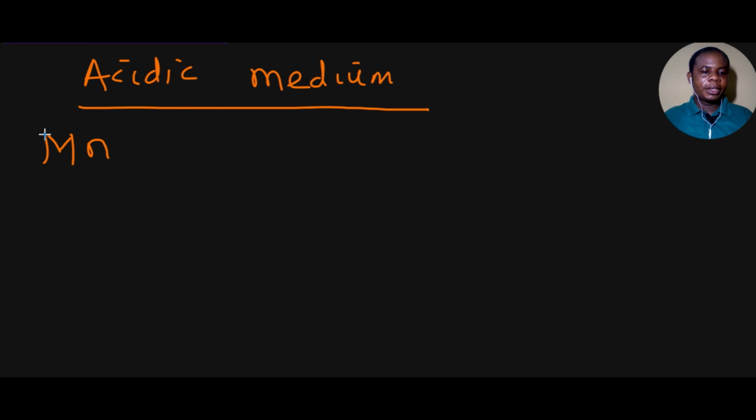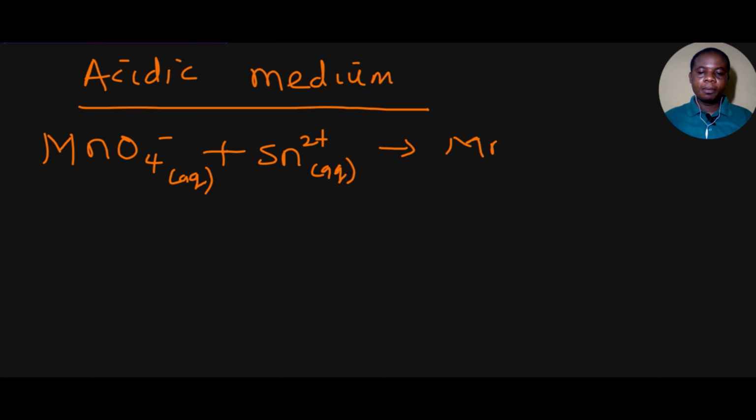The next is to balance a redox reaction in acidic medium. This is permanganate, MnO4-, and tin, Sn2+, both aqueous, to give manganese Mn2+ and tin Sn4+, both aqueous.